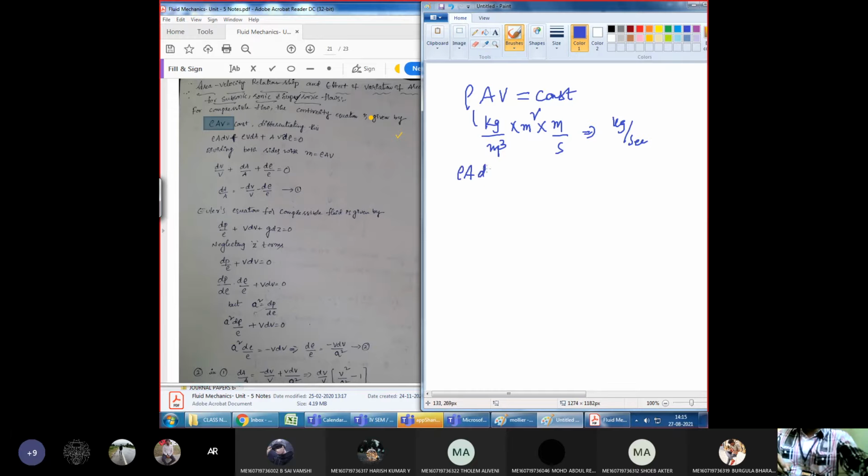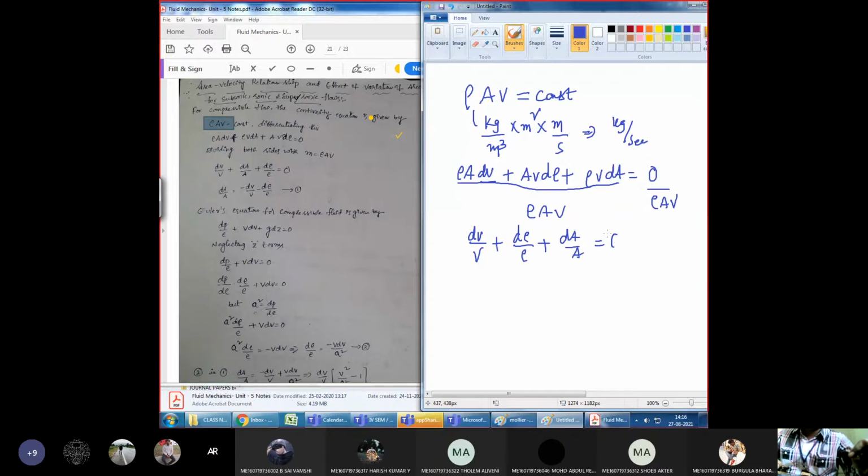Rho A into dV plus rho V into dA plus AV into d rho is equal to the differentiation of a constant, which is 0. Divide the whole equation by rho AV on both sides. Then rho A cancels, leaving dV by V; AV cancels, leaving d rho by rho; and dA by A, equal to 0.